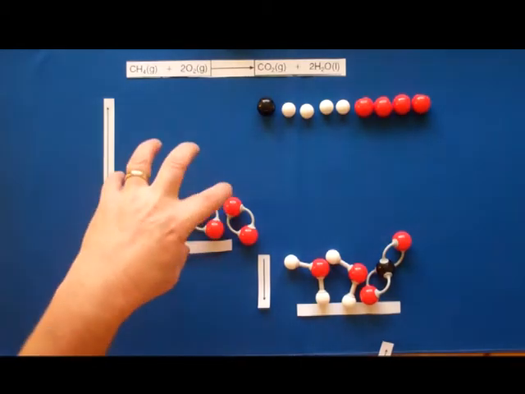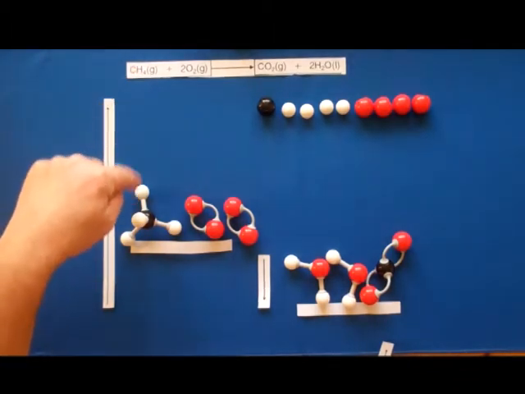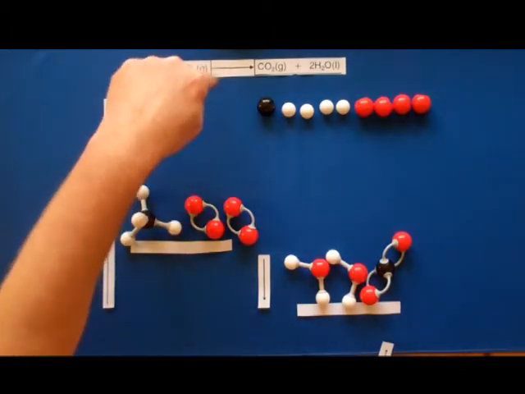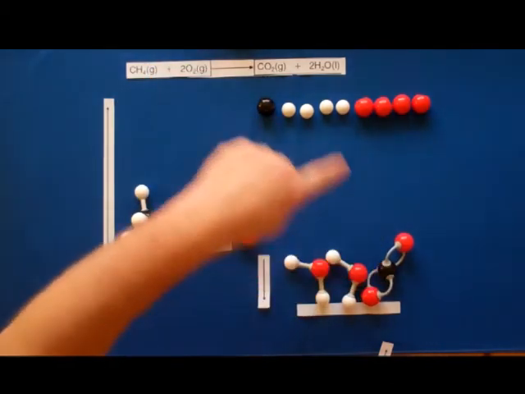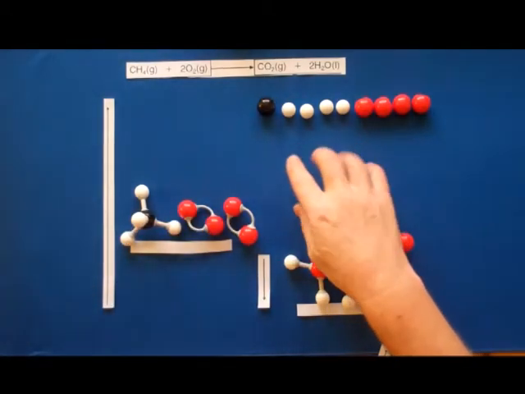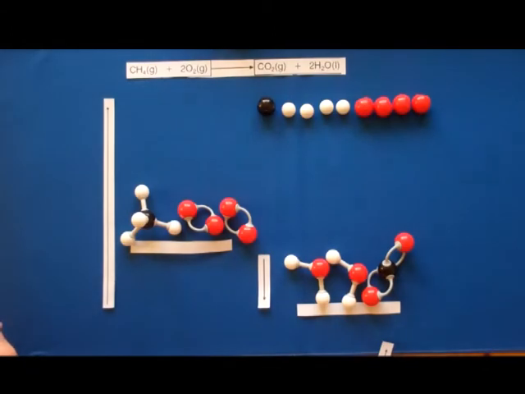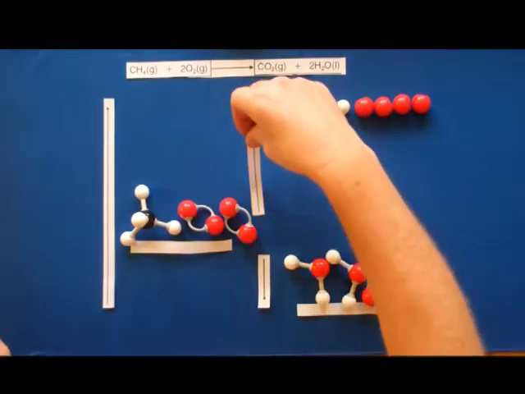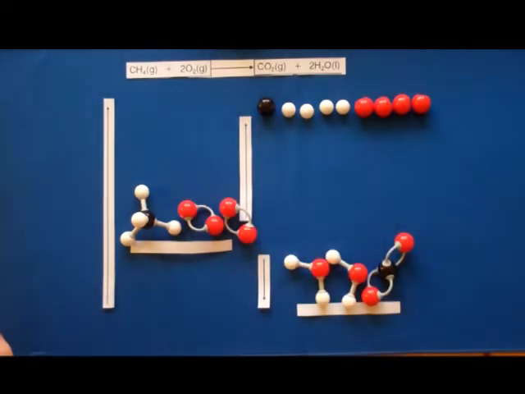The same number of atoms here as I have here. A balanced equation. CH4 reacts with two O2s to form one carbon dioxide and two water molecules. So I've had to put some energy into these reactants to break them apart. So my energy goes in there.